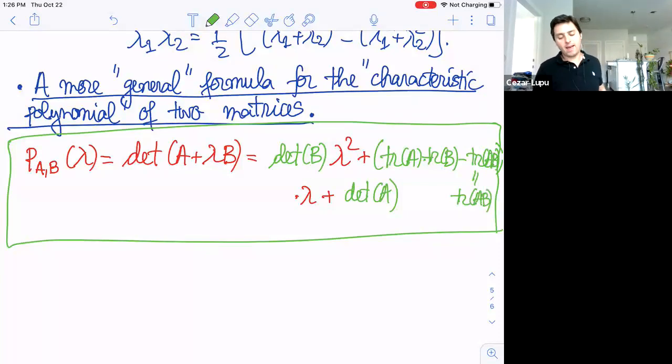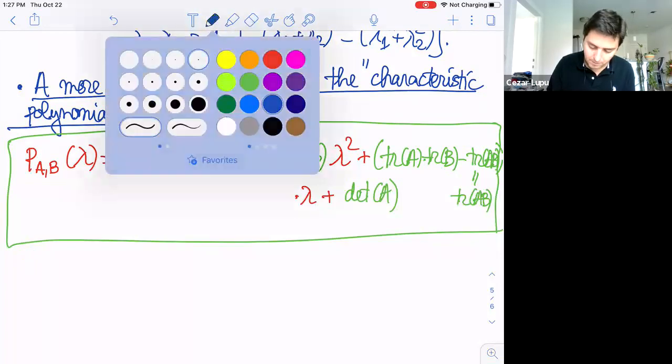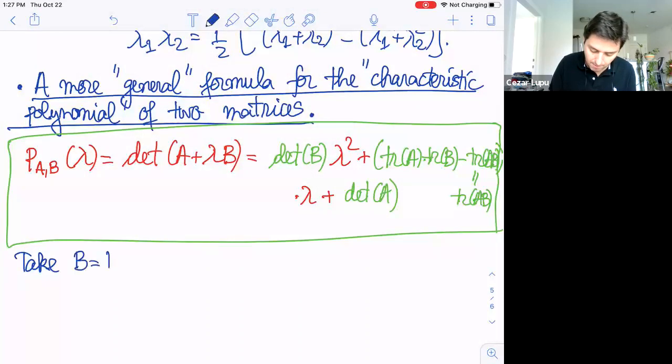So if you take B to be the identity, and put this with the negative sign, you'll get exactly the formula for the characteristic polynomial.